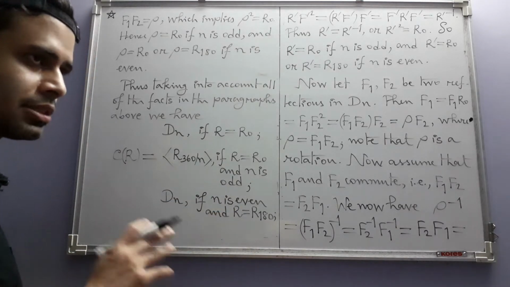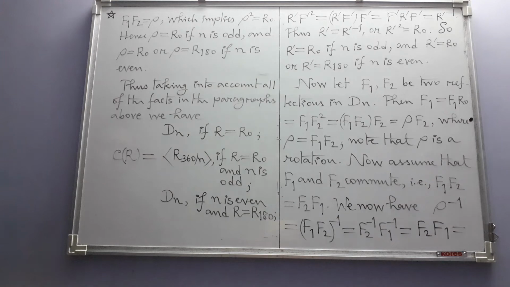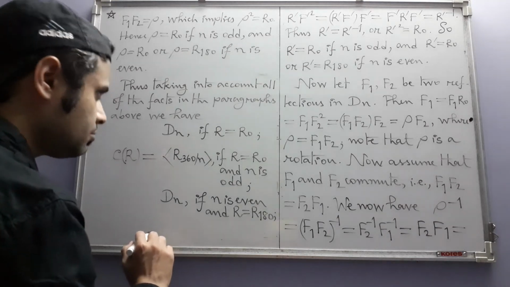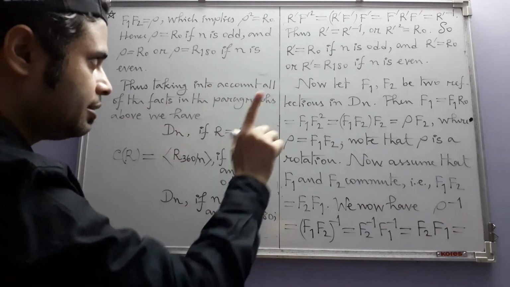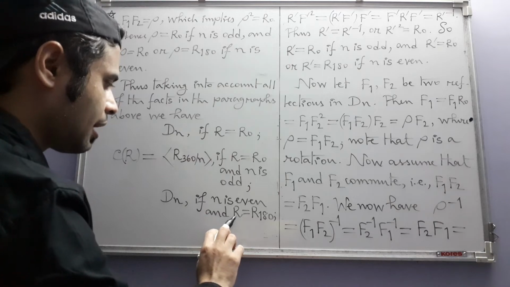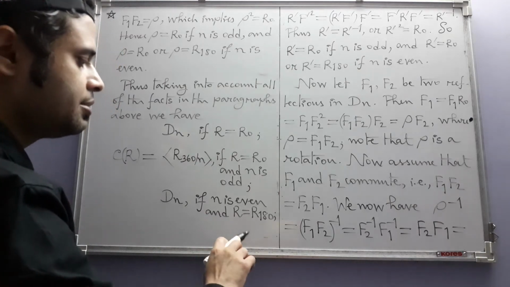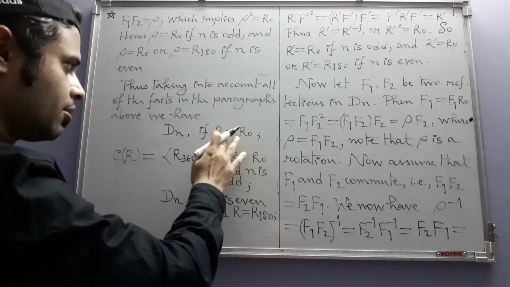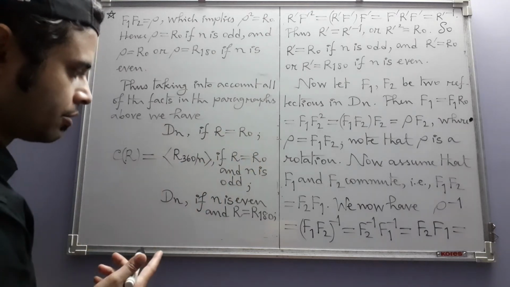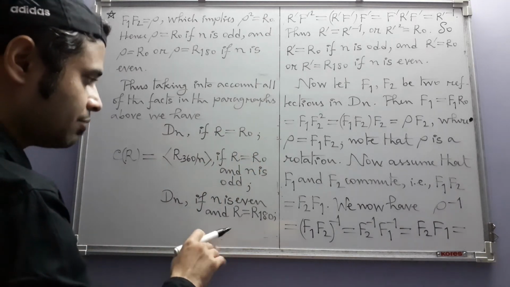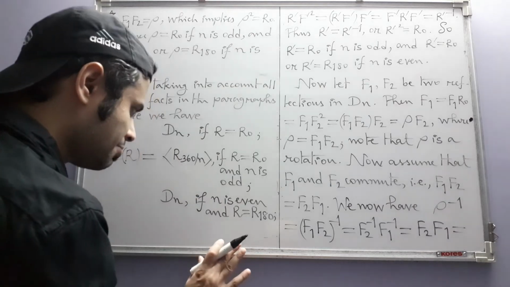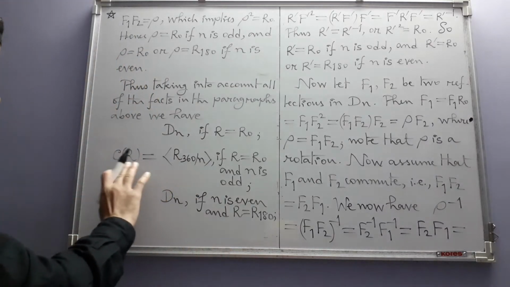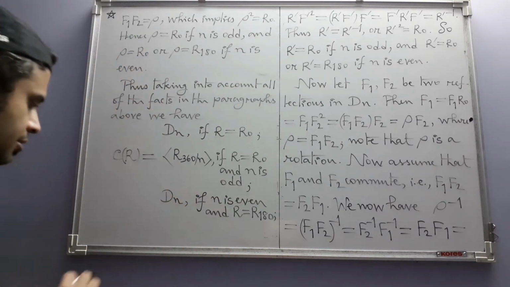Squares, hexagons have this symmetry. And finally, if n is even but R is neither R180 nor R naught, which we have to mention here in this specific case, then again the centralizer of R is equal to this.